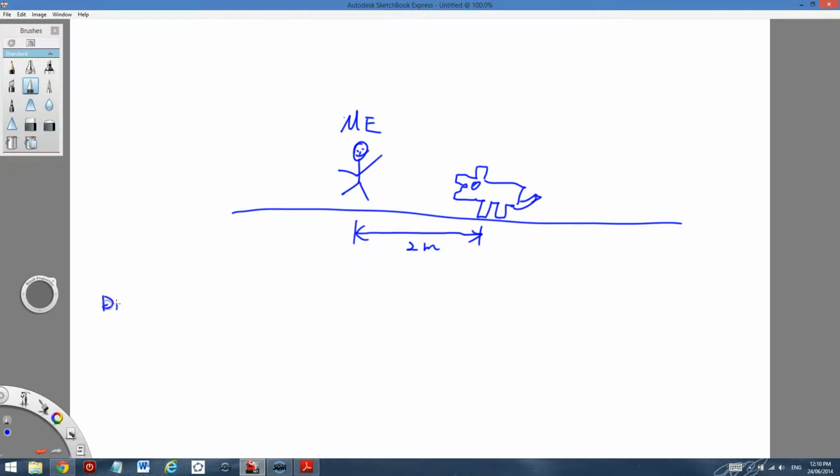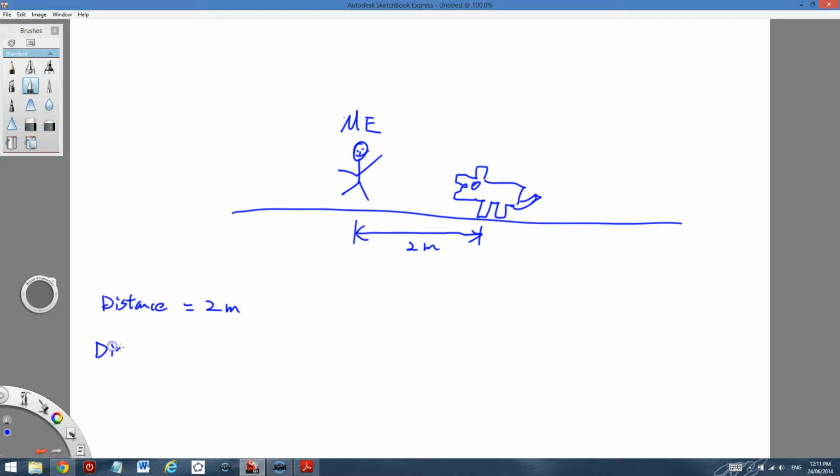This is the distance. However, if I'm going to talk about the displacement, if someone asks me where is the dog, I may say the dog is 2 meters right of me.